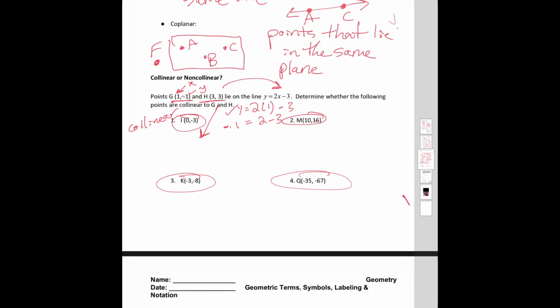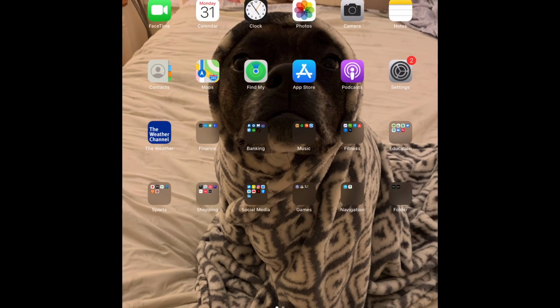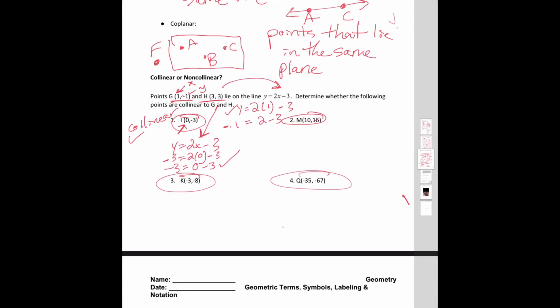If I plug in my x value 0 into this equation, y equals 2x minus 3, 2 times 0 minus 3 better equal -3. So if I do 2 times 0, I get 0 minus 3, which equals -3. So that is collinear.